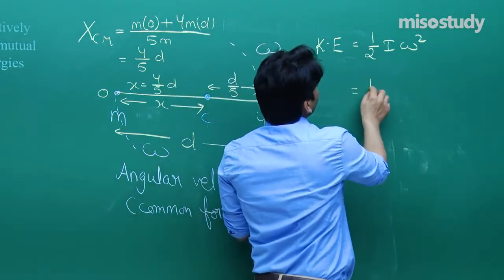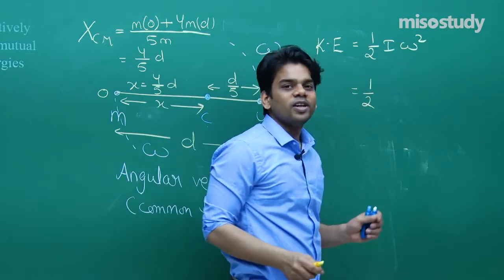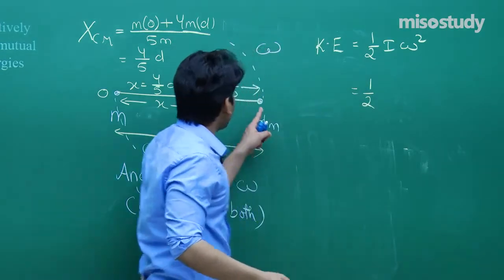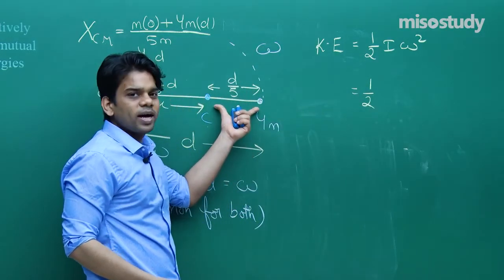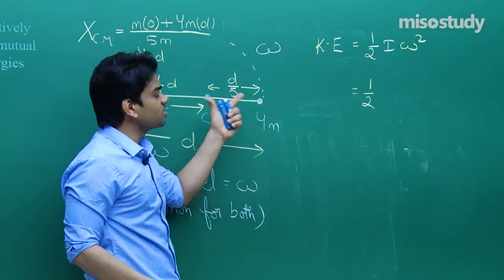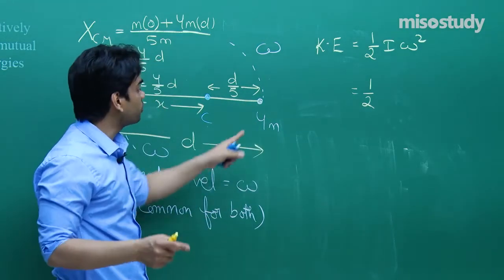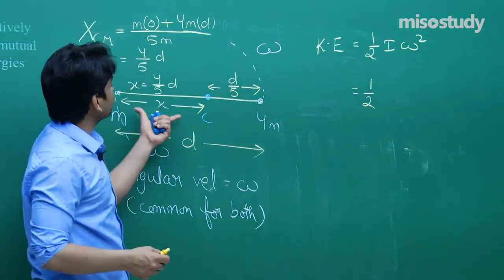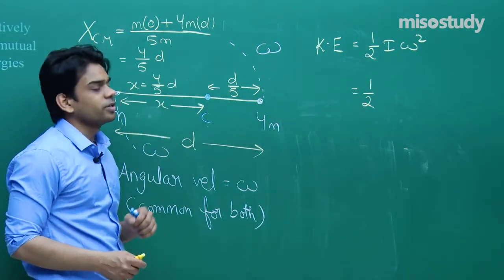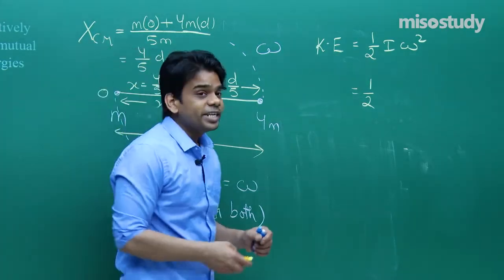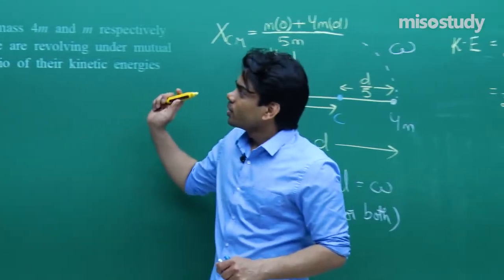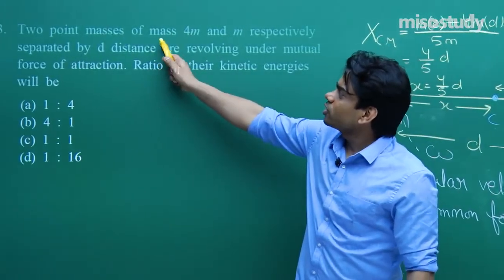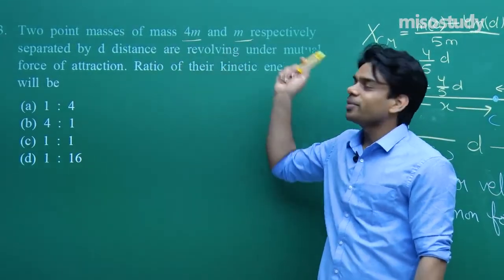Moment of inertia will be m and this distance whole square, for each body. Omega is the same. So if I take the ratio of kinetic energy for the two point masses of mass 4m and m respectively.